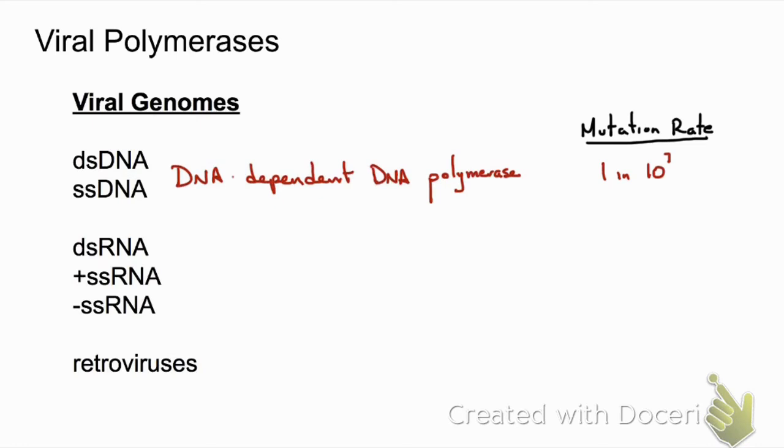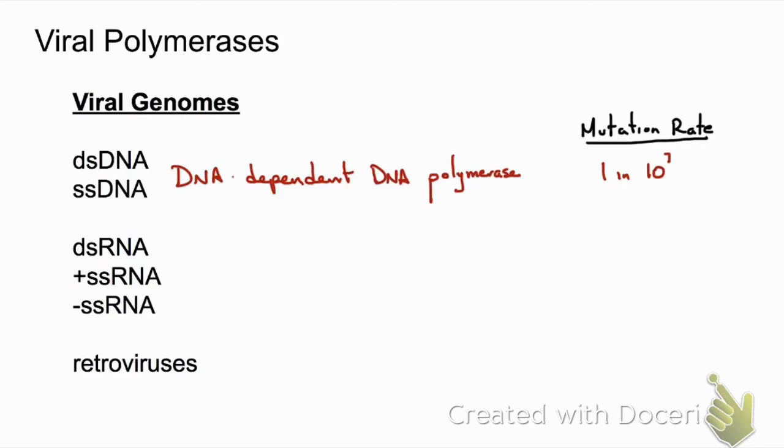For example, viruses that have double-stranded DNA or single-stranded DNA genomes are going to require what we call a DNA-dependent DNA polymerase. The first part of this name, DNA-dependent, tells us what the template is for this polymerase. The second part, DNA polymerase, tells us what will be made. So for example, in these two viral cases here, double-stranded DNA and single-stranded DNA, they use DNA as a template to make more DNA.